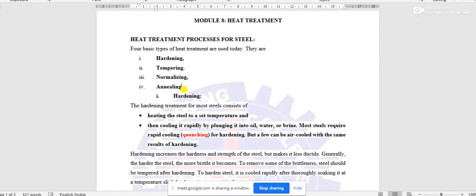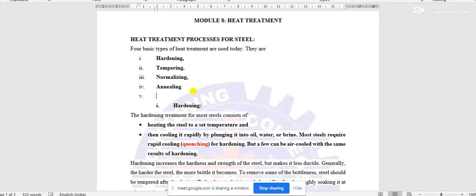But as your syllabus refers, the first process we have to discuss is hardening, and that's why I have taken hardening as the first process to treat steel by heat treatment.